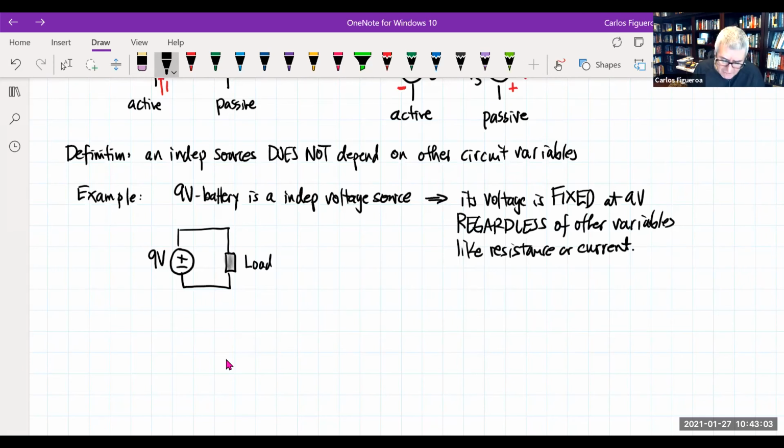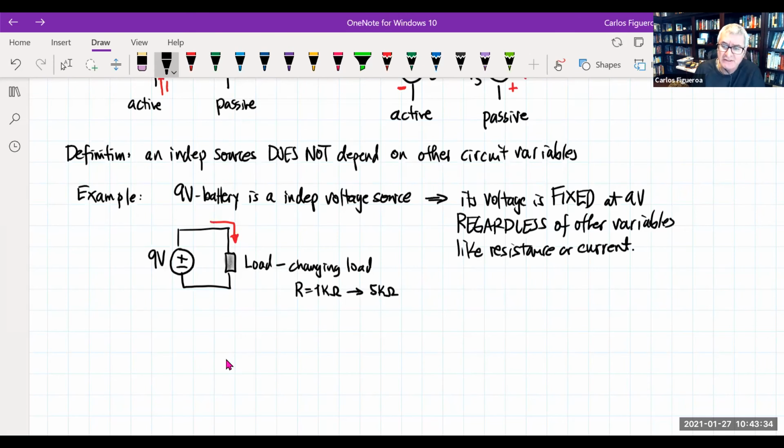So what you find here, I know that this 9-volt battery is going to produce some current here. But what happens if I change the load? So if I have a changing load, let's say it goes from R equals 1 kilo ohm to, let's say, 5 kilo ohms, note that the current is going to be variable.